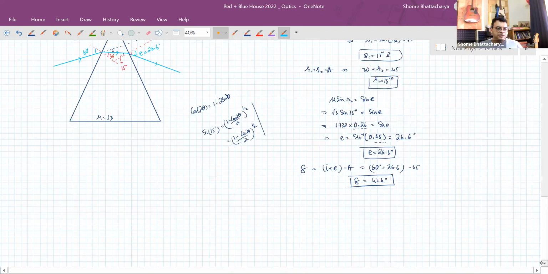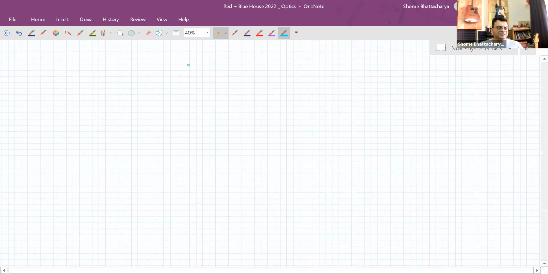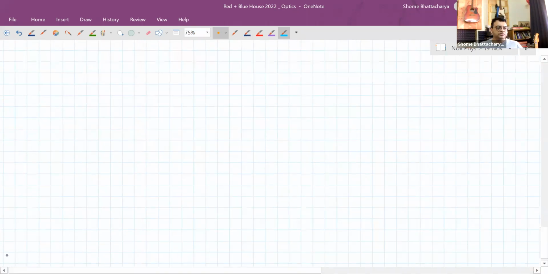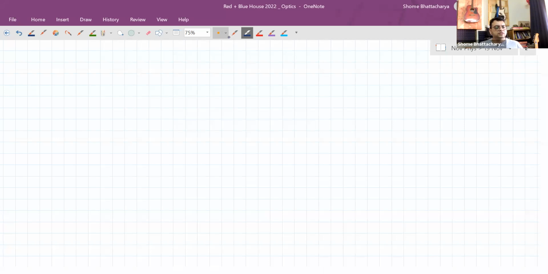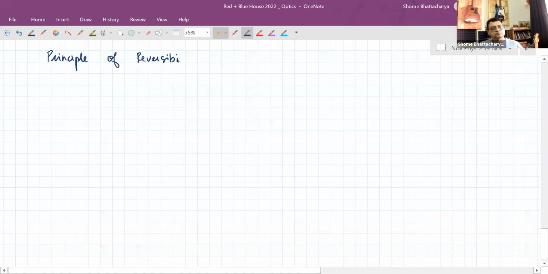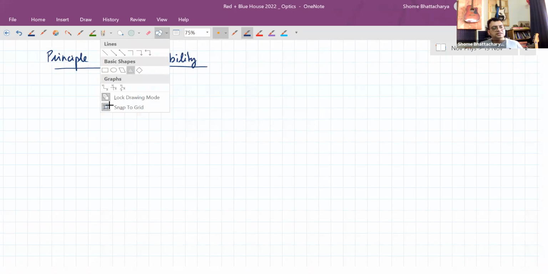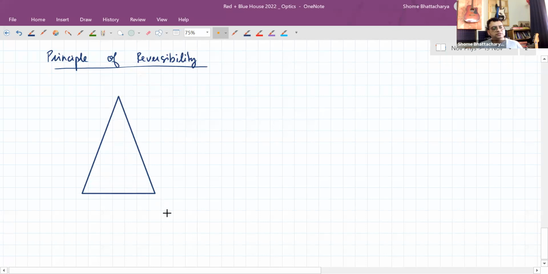Now the next concept we'll understand related to this, to further understand the behavior of deviation with respect to angle of incidence, is the principle of reversibility applied here. We can understand that through this example only.